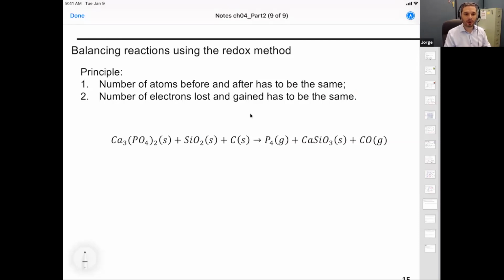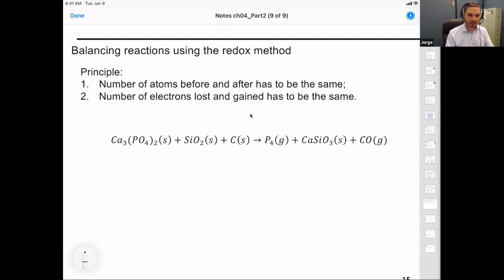And also, the number of electrons lost and gained has to be the same. If someone is losing electrons, someone has to gain those electrons. Okay, they cannot be lost. So there is always going to be someone losing and someone gaining electrons.